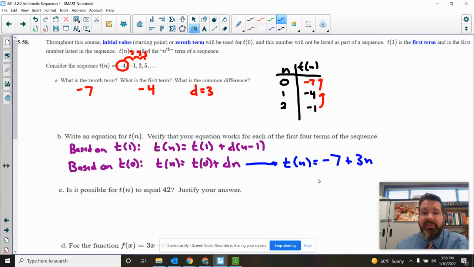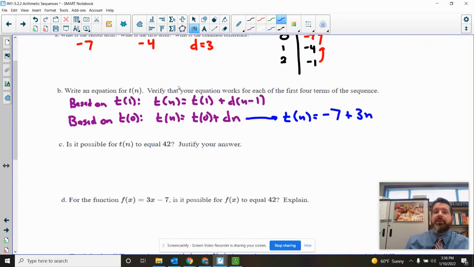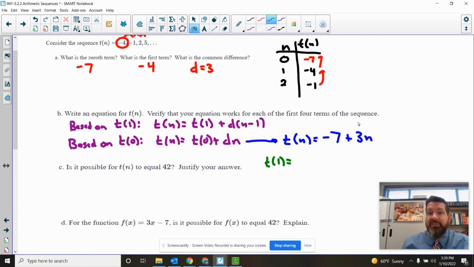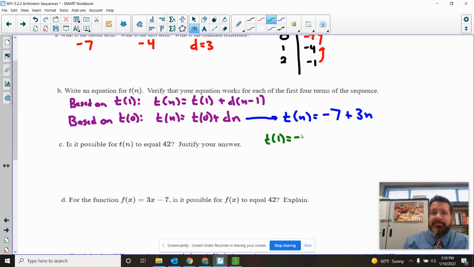Okay, now let's verify this works for the first 4 terms of the sequence. What that means is I should be able to put a 1 in for the n and get a -4 out, because the first term of the sequence is -4. So let's do that. -7 plus 3 times 1. Well, 3 times 1 is 3, and -7 plus 3 is -4.